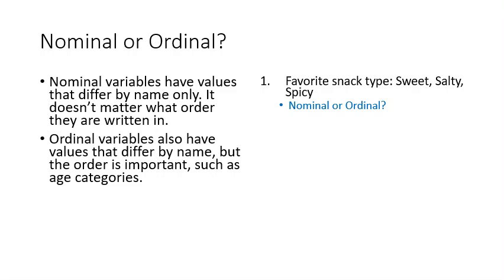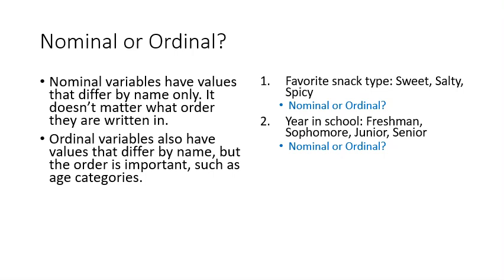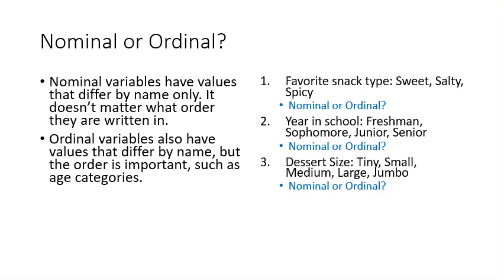It doesn't matter if I list sweet first or spicy first. It doesn't make any difference. It's nominal. Year in school, we just gave this example as an ordinal. Dessert size, tiny, small, medium, large, jumbo. Even though the answers are words, this is an ordinal variable, and we probably analyze it using a quantitative method.